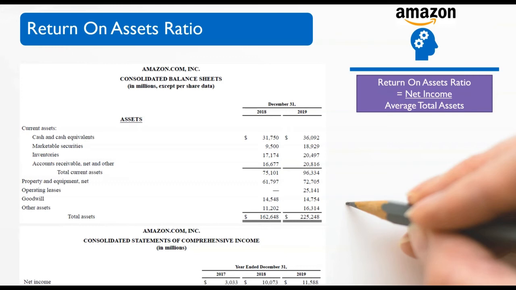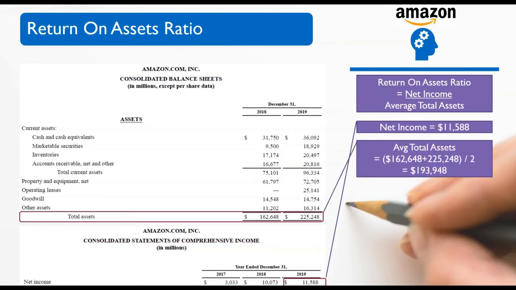This is calculated by taking the company's net income and dividing it by its average total assets for the period. Here we can see that Amazon had $11.6 billion of net income. And then we can calculate an average total assets amount of $193.9 billion.